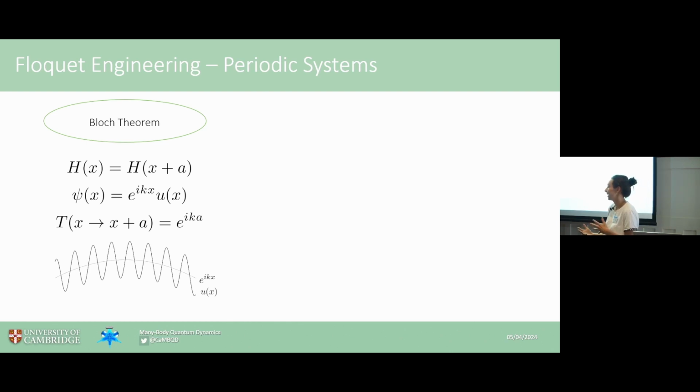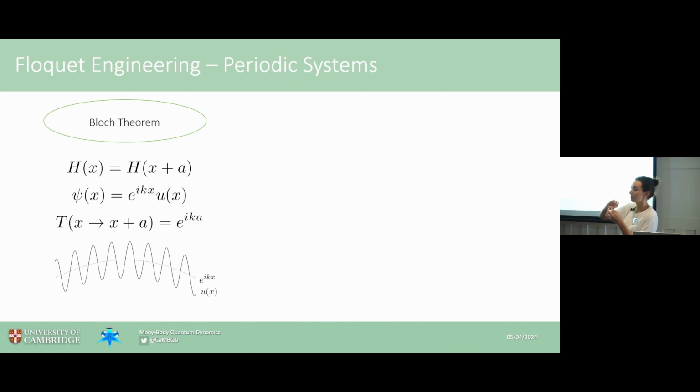Floquet theory dates back to work of a mathematician back in the 1800s who studied the solutions to differential equations when you have periodic coefficients. So just to draw on some intuition you might have of Bloch's theorem, when you have a Schrodinger equation, which is a differential equation, and you have some periodicity in space, then there are certain things that you can say about the solutions of that equation, namely that they are Bloch waves.